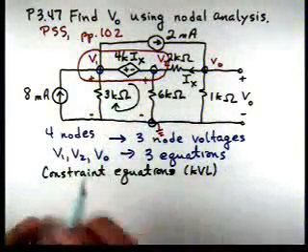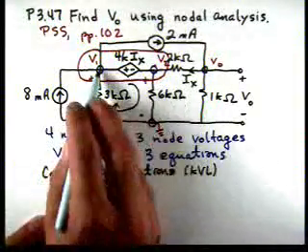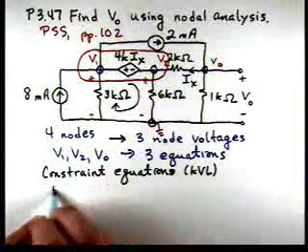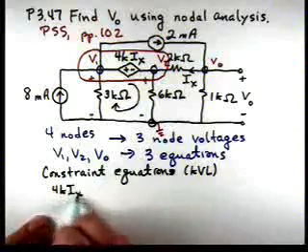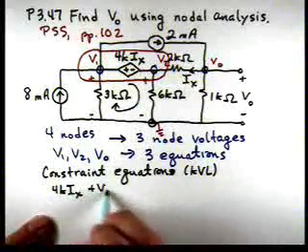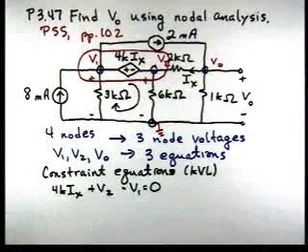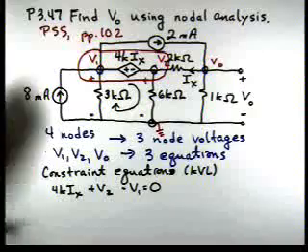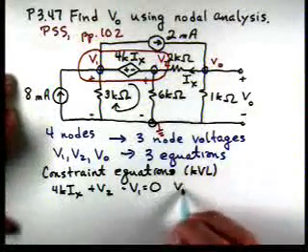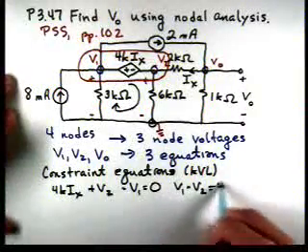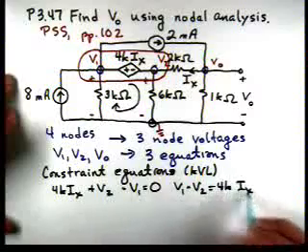So if we do that, starting here and going around clockwise, we'll have 4K Ix plus V2 minus V1 equal to 0.